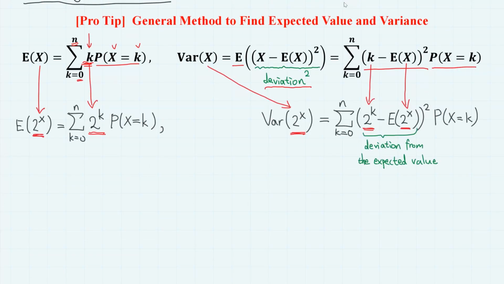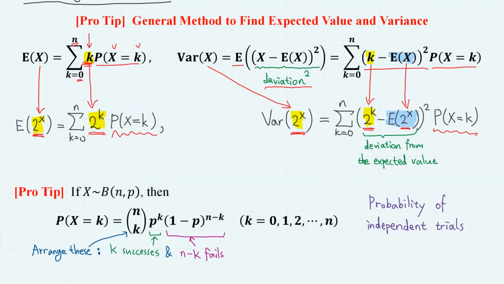As for the expected value and the variance of 2 to the power of x, all we have to do is to replace this k with 2 to the power of k, and E[X] with the expected value of 2 to the power of x. With these settled, now it's time to address this probability part.